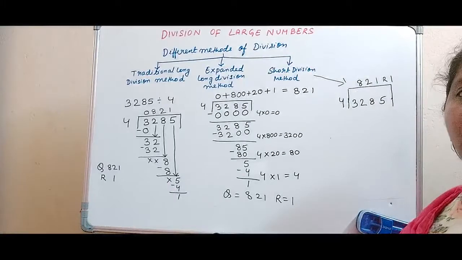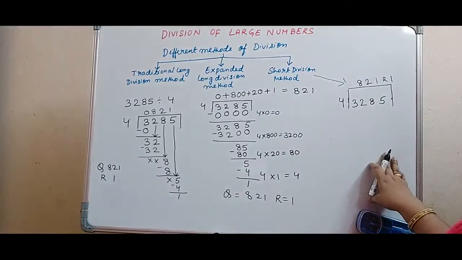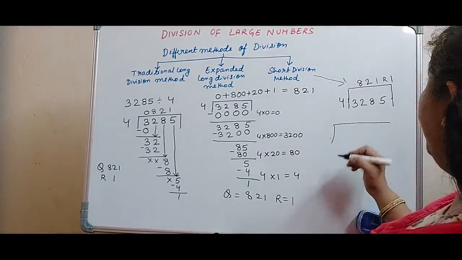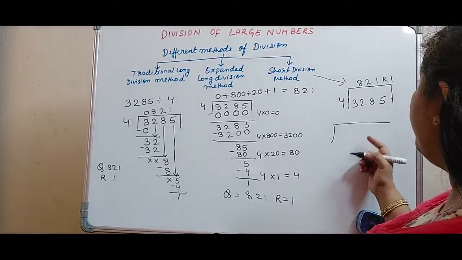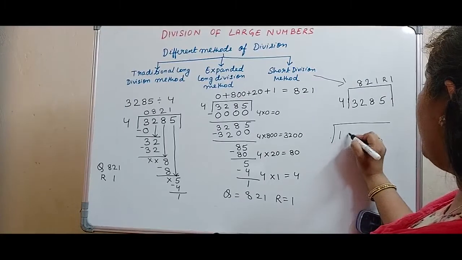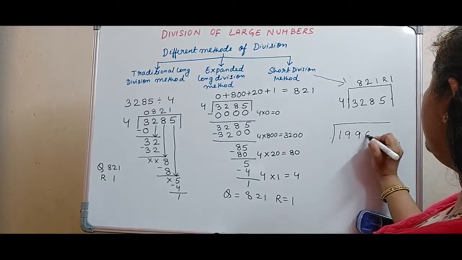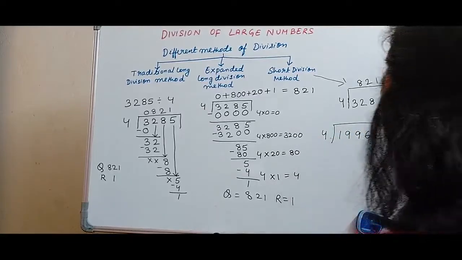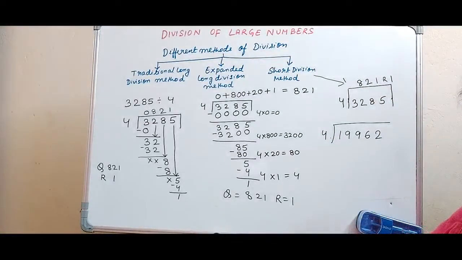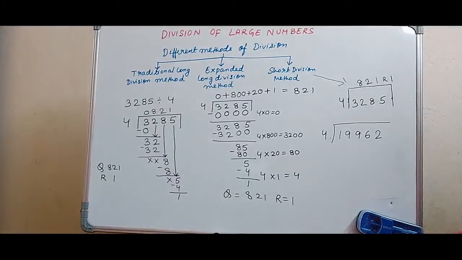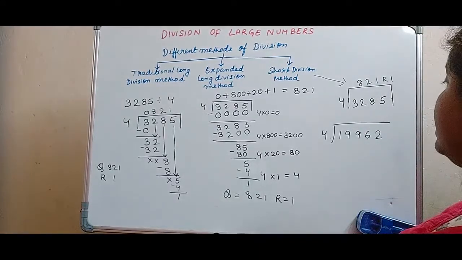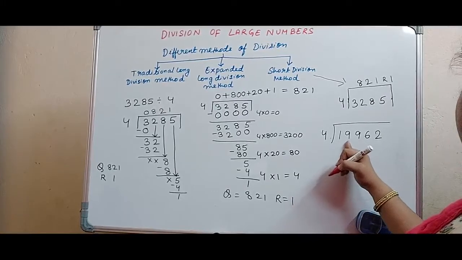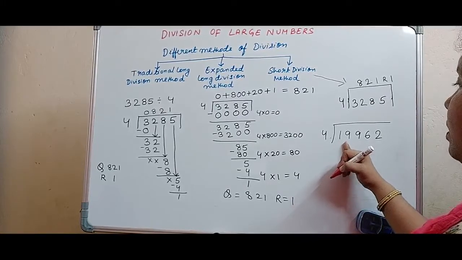Can we go to another example for the short division method? Suppose I take one more number, for example 19962 divided by 4. Just see how we are doing it. First, 4 4s are 16 is closer, because 4 5s are 20 will again cross 19, so you have to take smaller than or equal to.